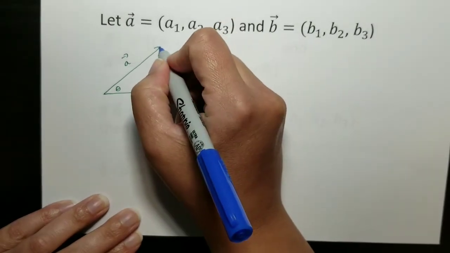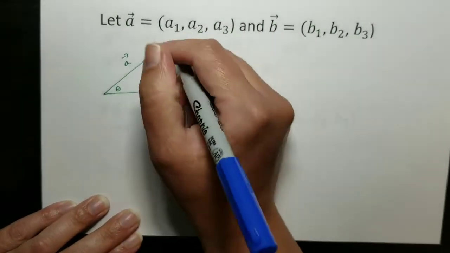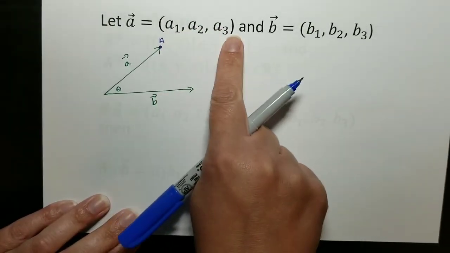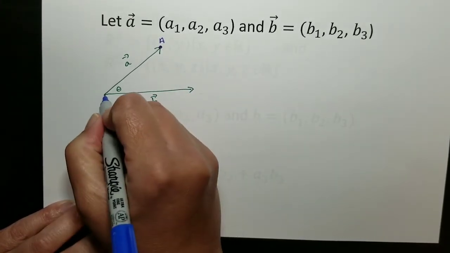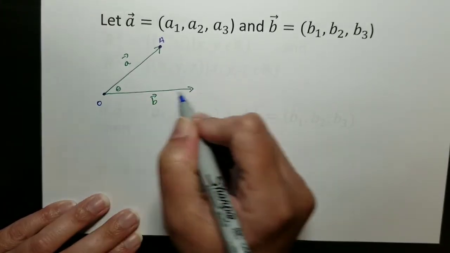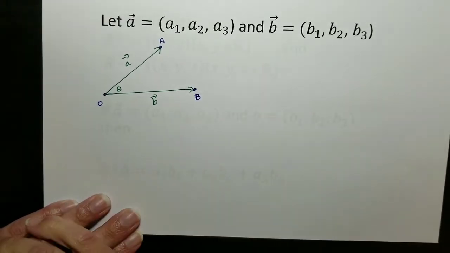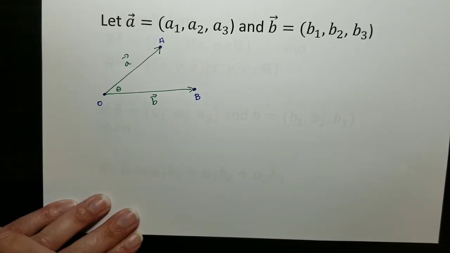Remember that vector A goes from the origin to a point A that has this coordinate, and then vector B goes from the origin. Remember, vectors don't actually have a location, but in component form, they're written as if they started from the origin and went to another point, A or B.